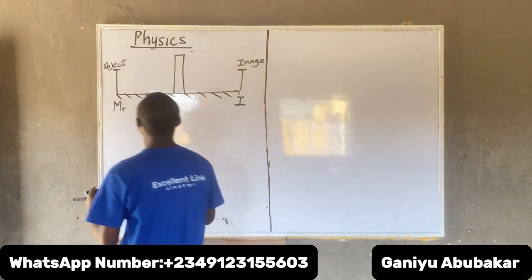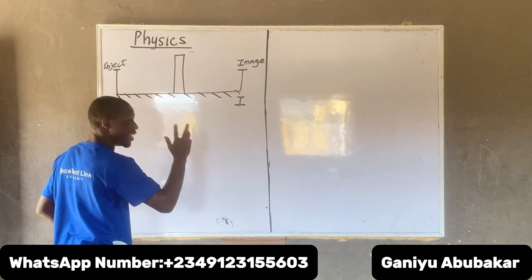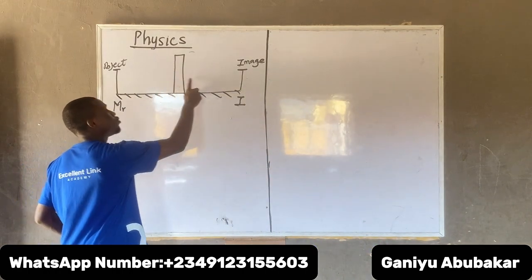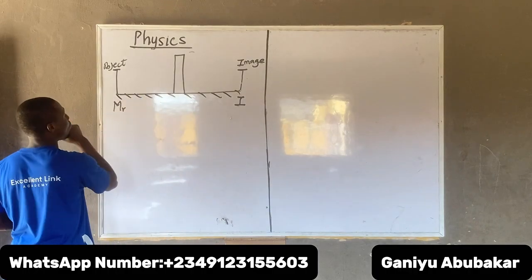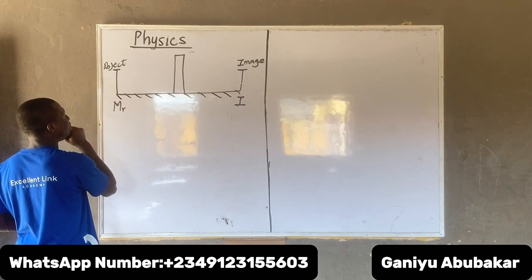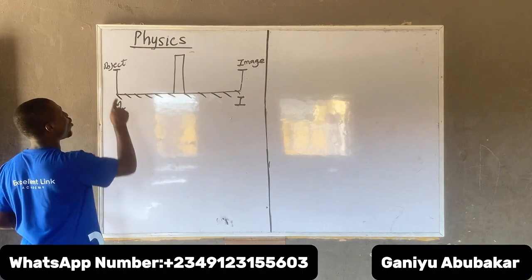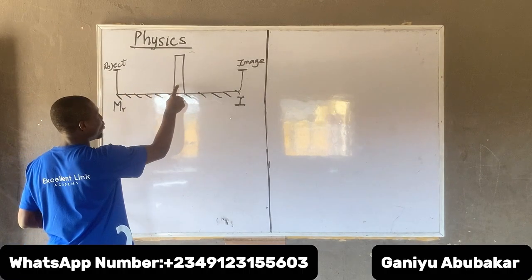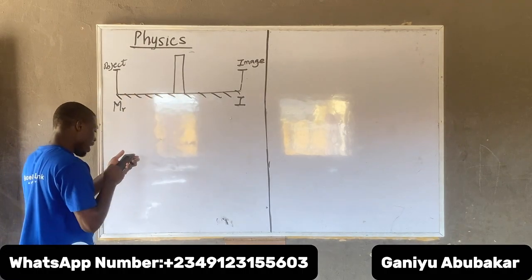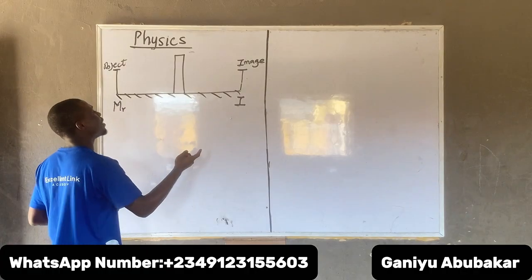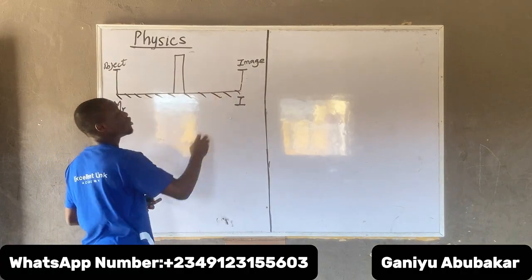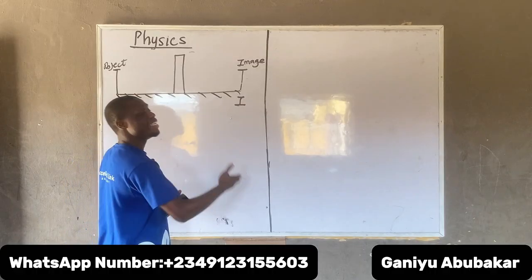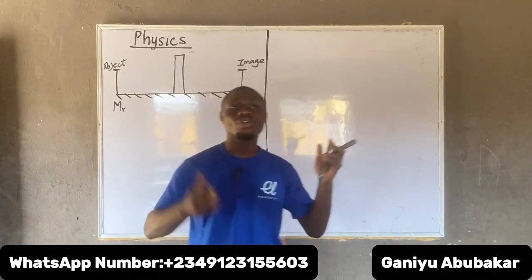So if from here to here is 10, it means from here to here is also 10. So if Mr. Wanland is here and the distance from object to the plane mirror is 4.7 as said in the question, it means that from this plane mirror to this image, the distance there is also 4.7. Why? It's a plane mirror. They will have equal distance.